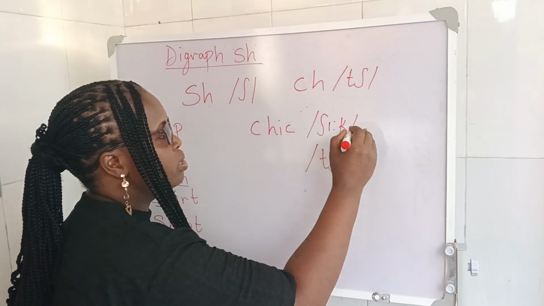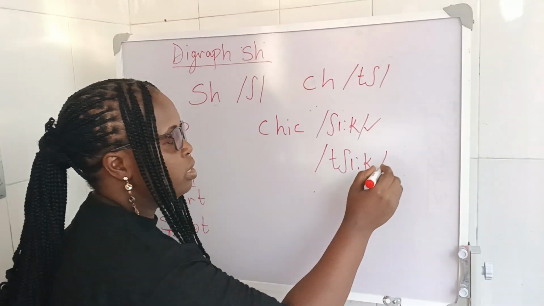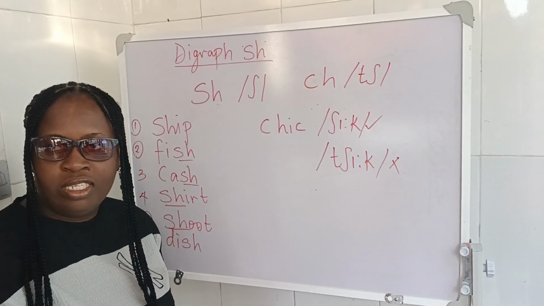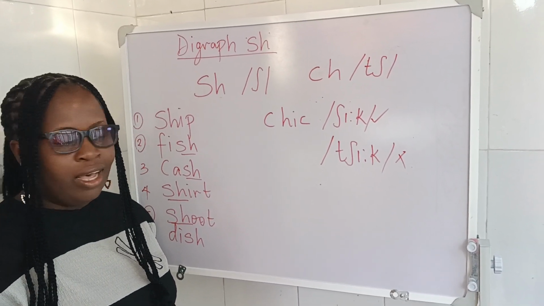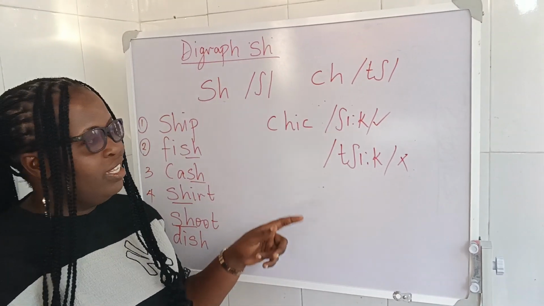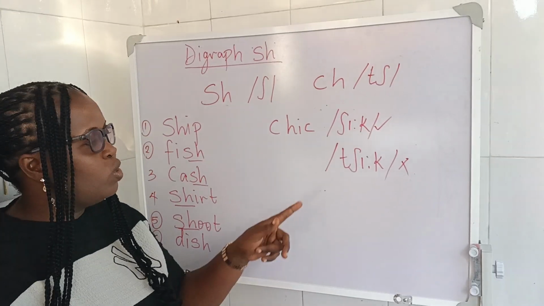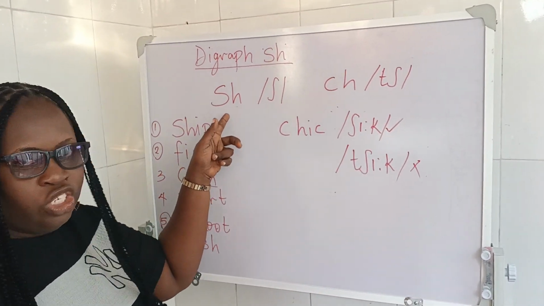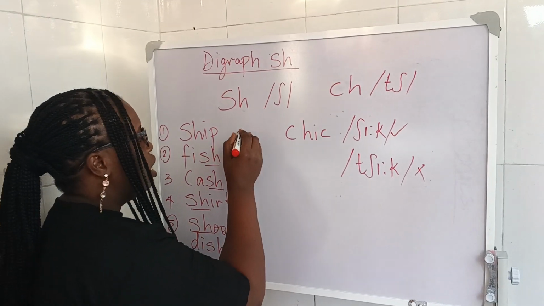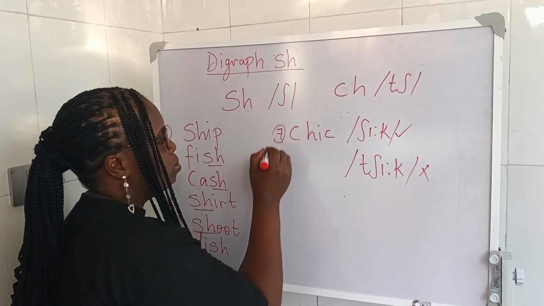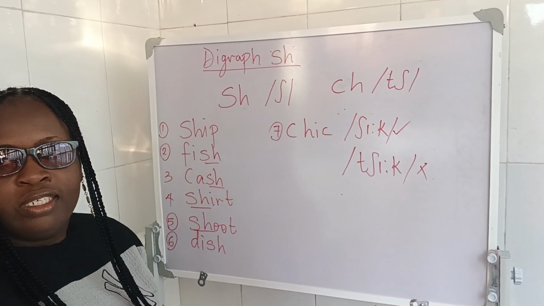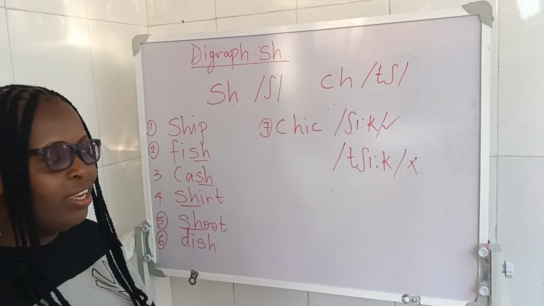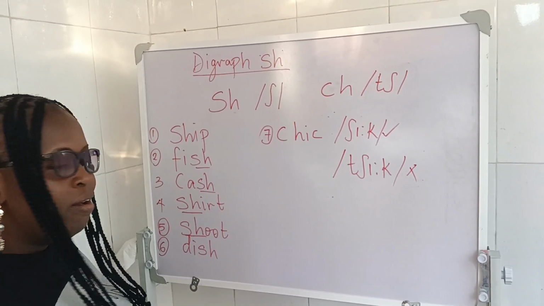So the correct answer is this. This is wrong. And that brings us to how to pronounce this word. Chic and not chic. So that's another example under the sh sound. We'll make it our number 7. Let's pronounce it together. Chic. And so many others.